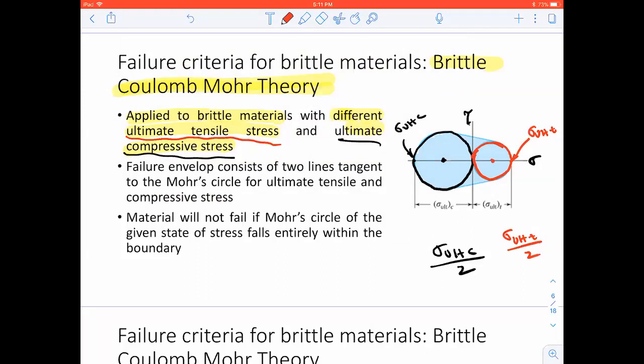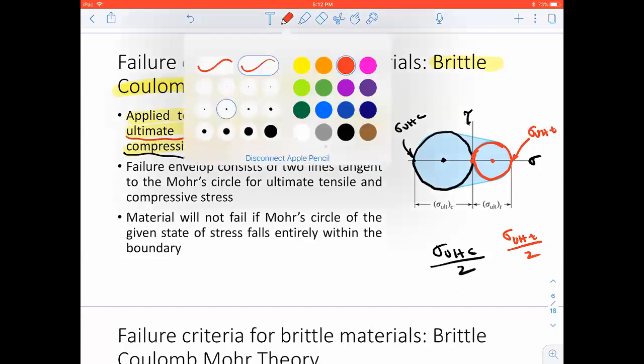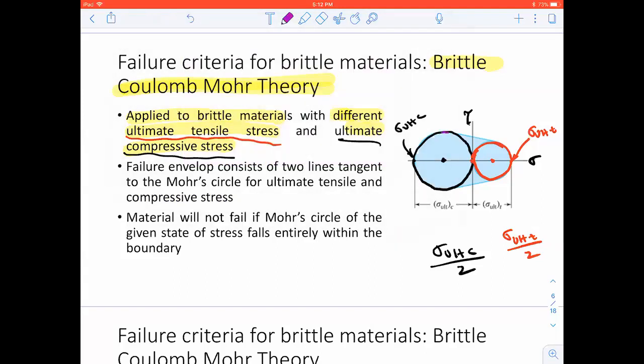Both circles are going to touch at the origin. Now you're going to draw a line that is tangent to both circles. The envelope that you have created is your non-failure region.